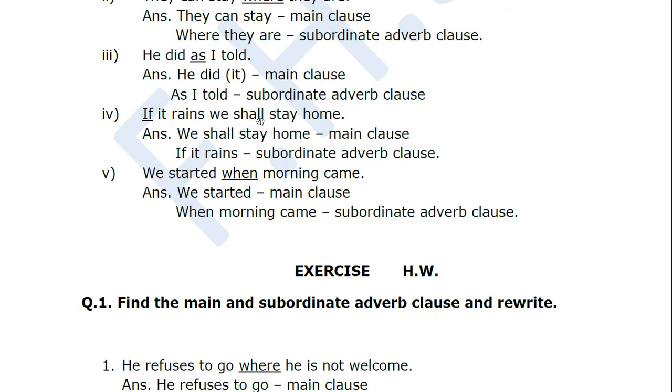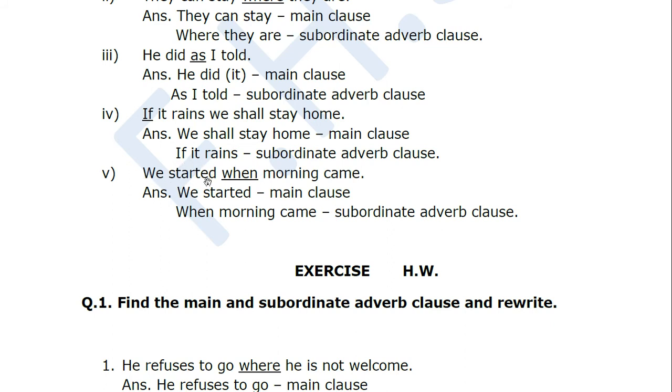We shall stay home. Complete. And what is your subordinator? If. So if it rains is your subordinate clause. So what is this? It is a condition. Yes, that if it rains, this is what is going to happen, or this is what we are going to do. So your main clause, we shall stay home, and if it rains, subordinate adverb clause.